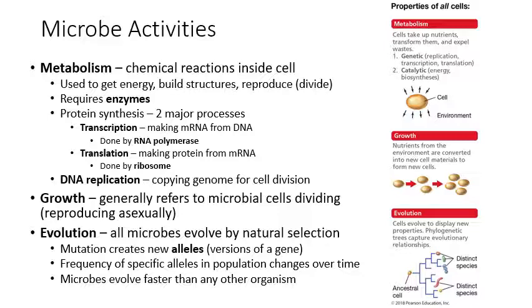Transcription is using the DNA genome to make RNA, or mRNA specifically, messenger RNA. That process is carried out by the enzyme RNA polymerase. And then you also have translation, which is the next process, the process of taking that mRNA and using its information to build a protein, and that's carried out by the ribosome.